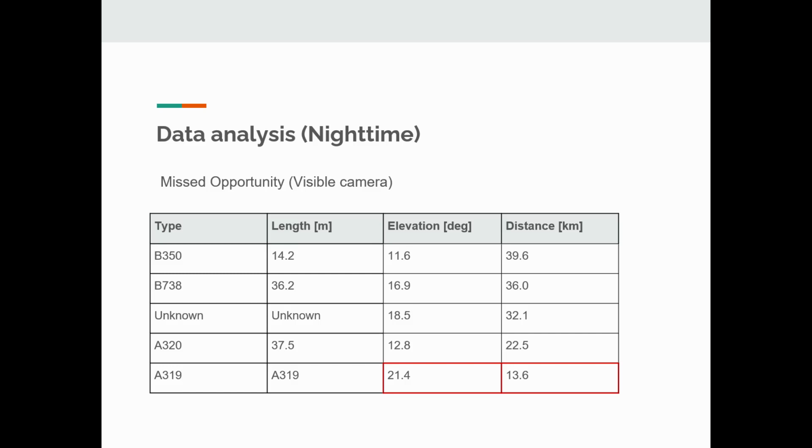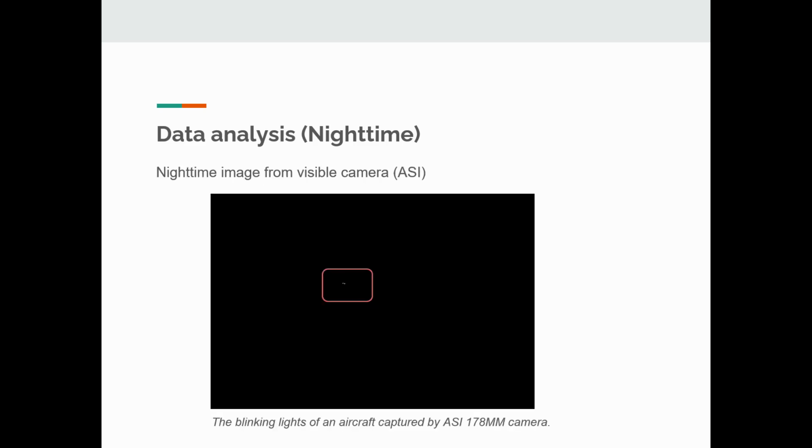This is because at nighttime, the RZ camera only depends on the blinking of the aircraft lights, and sometimes when an aircraft is very nearby, it flies really fast, and it becomes difficult for the camera to capture it. Maybe because of that, we could not detect the aircraft which was at 21 degrees elevation but very close by.